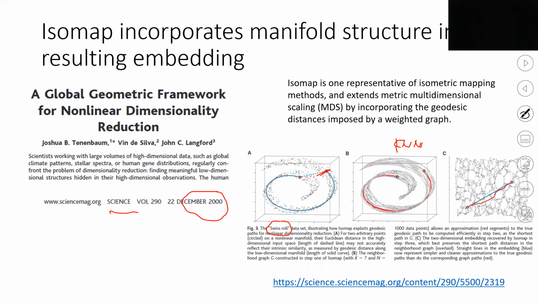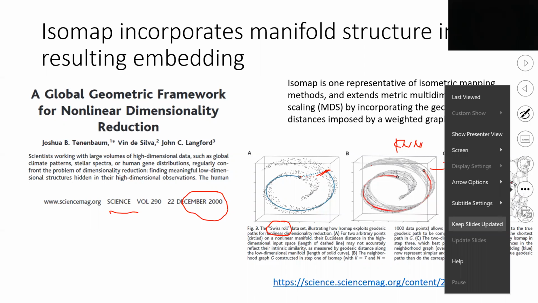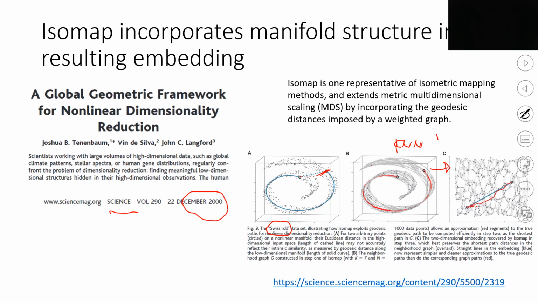After reducing the dimension from 3D to 2D, you keep this network structure, and the original distance between these two points is approached through small steps along the network. That's the solution.